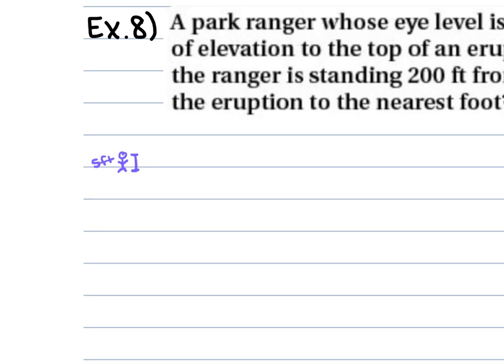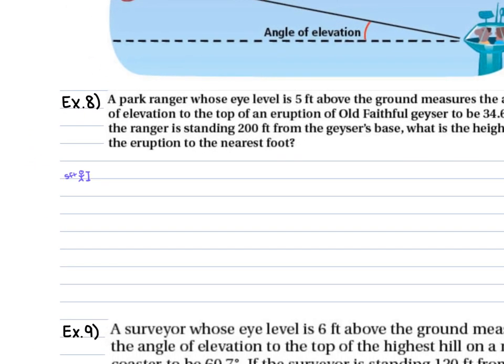All right, from there it tells us that the ground measures the angle of elevation to the top of an eruption of Old Faithful Geyser to be 34.6 degrees. All right, so from him, wherever he's standing, to the geyser is a distance. It's going to form an angle to the top of the eruption, which is going to be the 34.6 degrees. So this angle in here is 34.6 degrees.